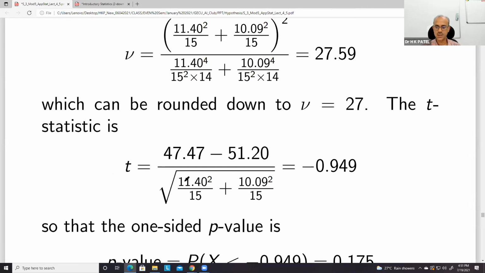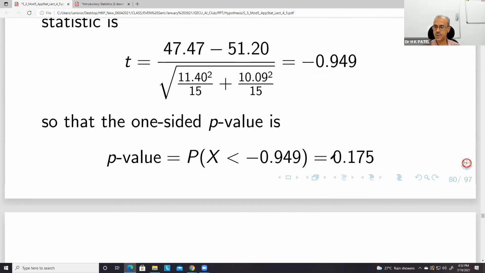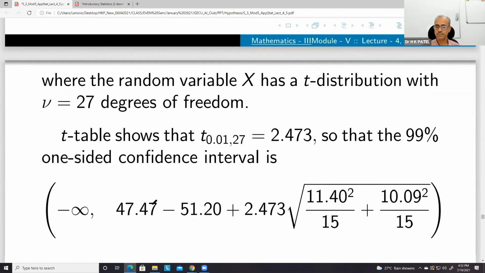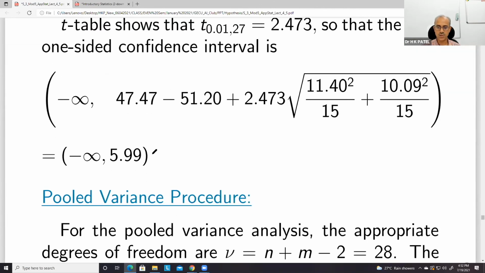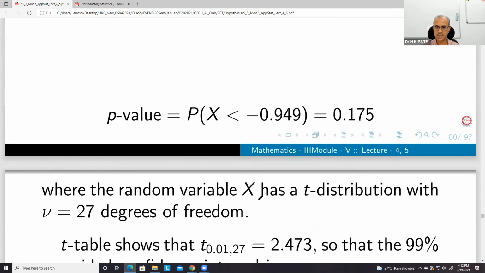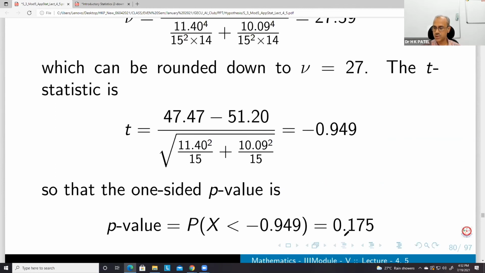The T statistic is minus 0.949 and the P value is 0.175. The confidence interval is also given here. Just remember this. P value is 0.175 and T value is minus 0.949. Naturally it is greater than 0.10, so we accept the null hypothesis.